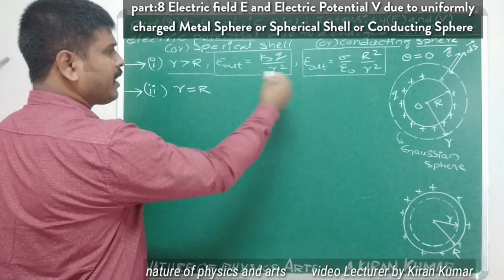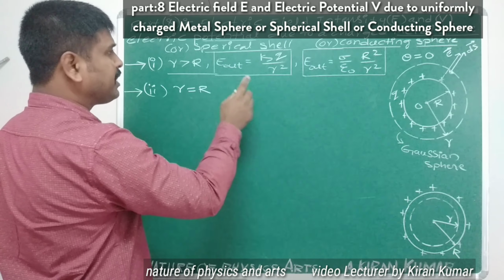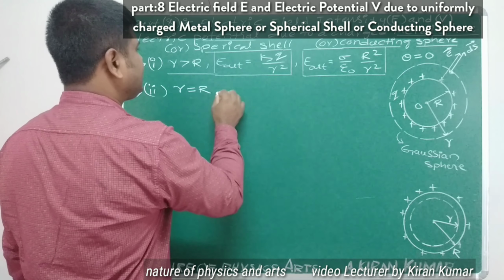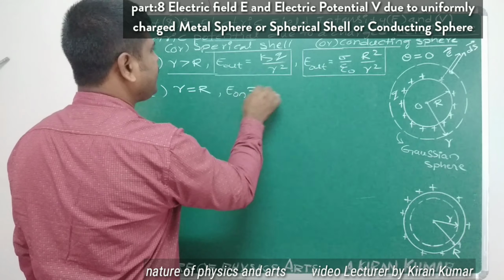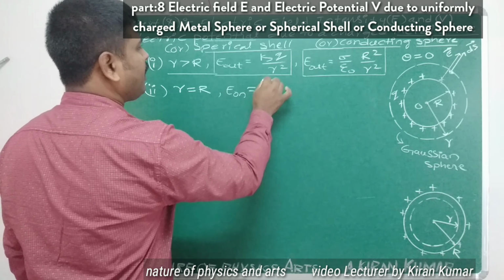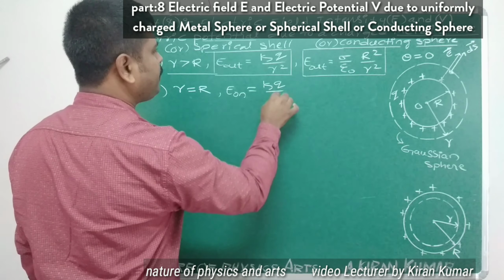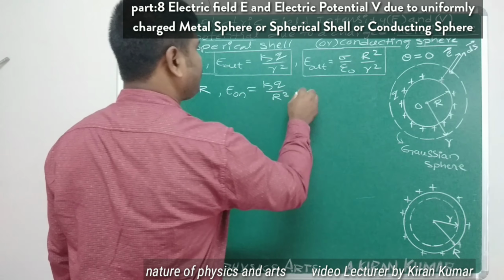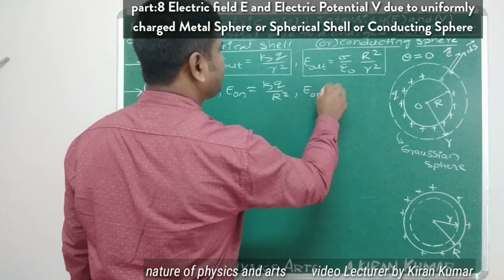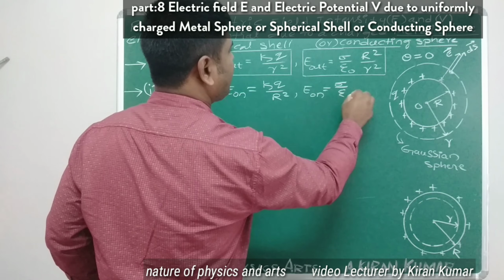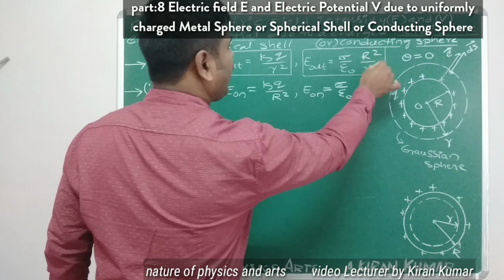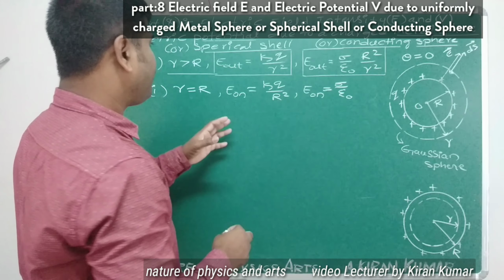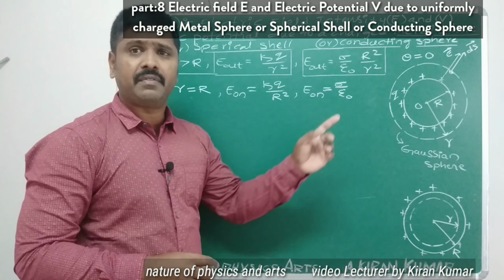We can write directly from the earlier equations: E on, with small r equal to capital R, is kq divided by capital R square. Instead of small r, I wrote capital R. The second equation is E on equal to sigma divided by epsilon naught, because small r and capital R get cancelled. We got two equations for the electric field intensity on the surface of the spherical shell.